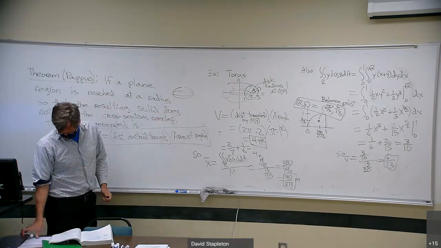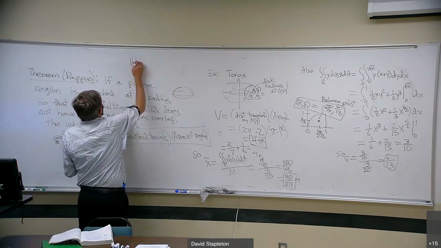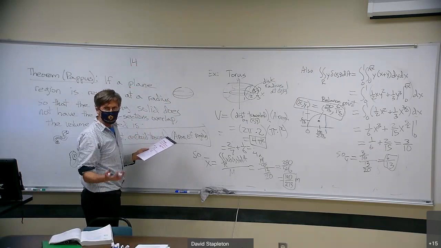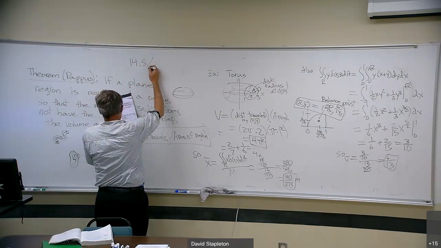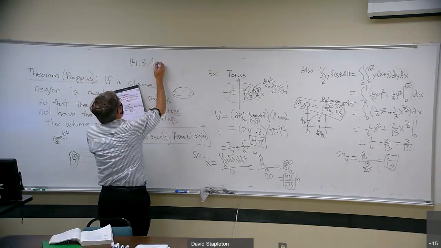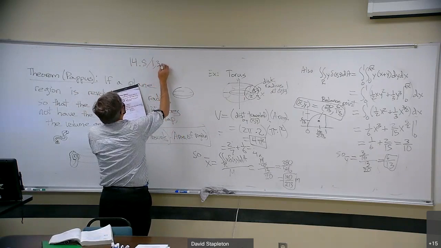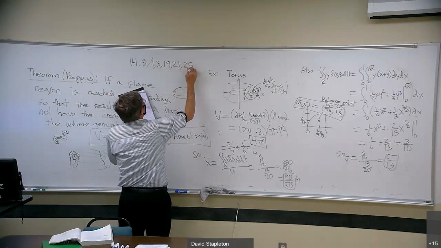Try these problems for homework. I haven't got to all of them. I haven't done the 3-dimensional stuff, but you can do all the 2-dimensional stuff. 14.8. We kind of squeezed this last one, but 14.8: 1, 3, 19, 21, 25, 27.